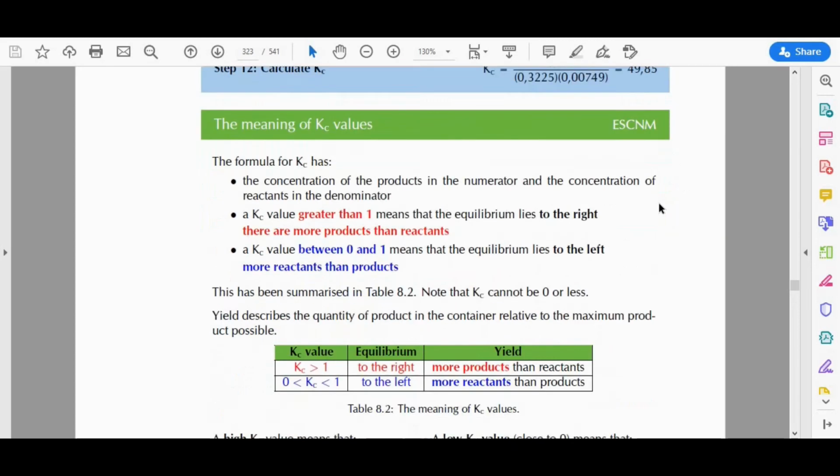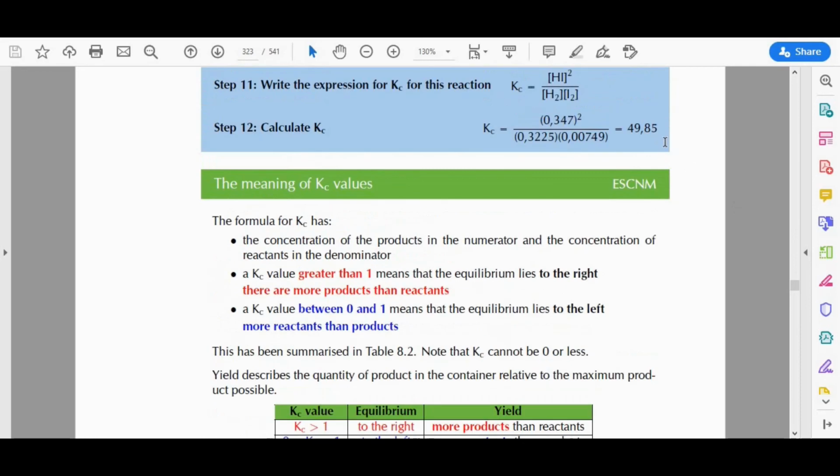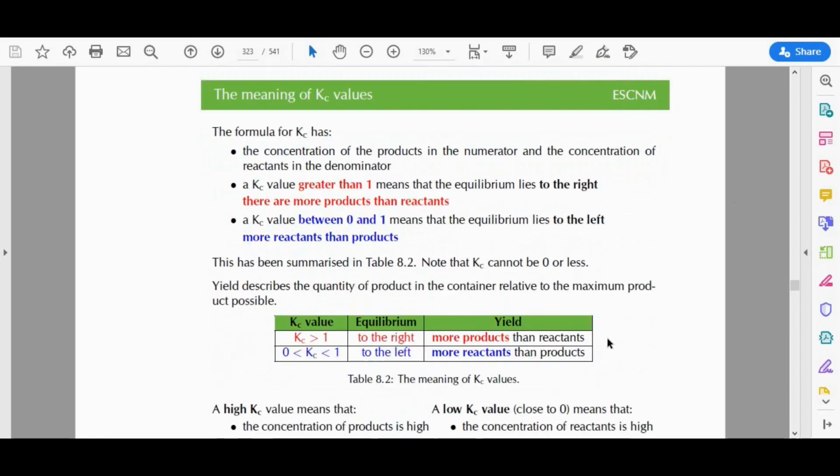In the other example, we just calculated the Kc value to be 0.21. So the first value here is definitely greater than 1. In other words, in that previous example, the equilibrium lies to the right of the reaction, meaning there are more products than reactants.